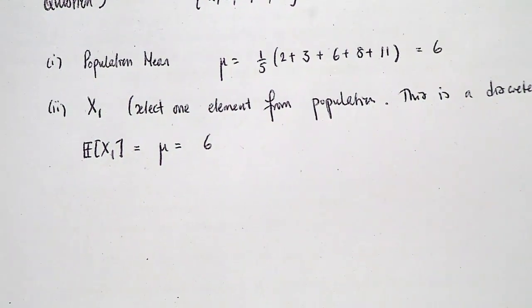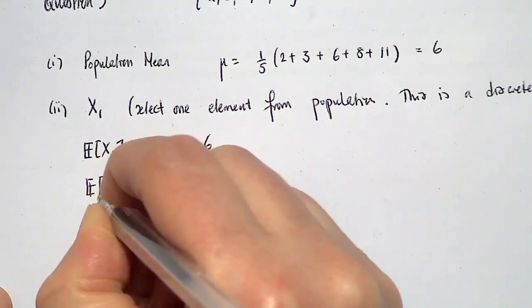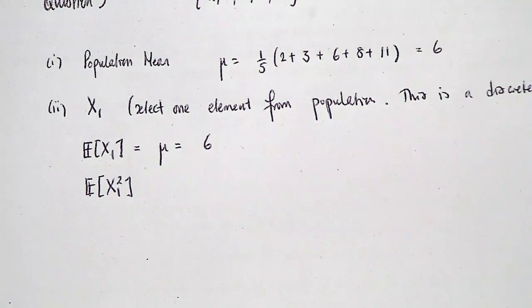So the second thing I was asked for was the variance, and the easiest way for me to get there is to first of all find the expectation of the second moment of x1. You'll remember from probability 1, if I'm finding the expectation of a function of a discrete random variable, what do I do? I'm going to sum up the possible outcomes and then weigh them by the probability that x1 takes each of those values.